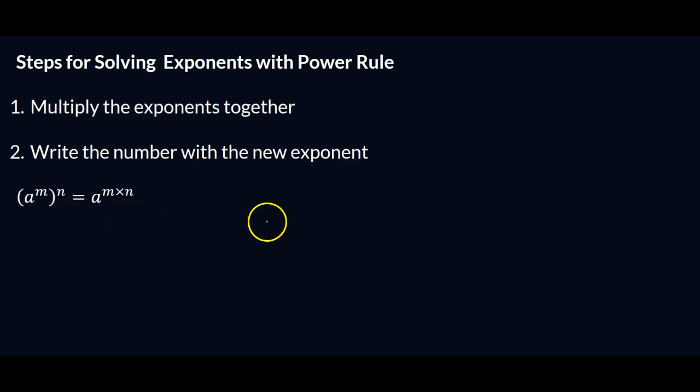So if you have something like a to the power of x, this is your exponent with your base, and then you have an exponent outside, which is y. This is going to be a to the power of x multiplied by y, which is a to the power of xy. So let's go ahead and apply this concept to some examples.